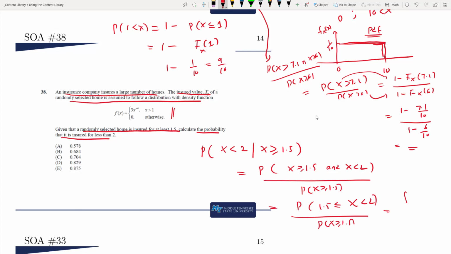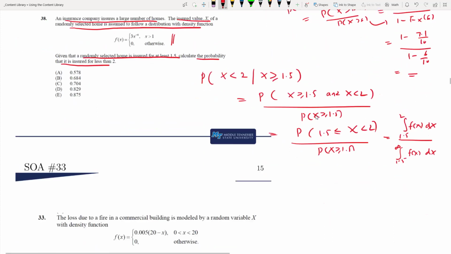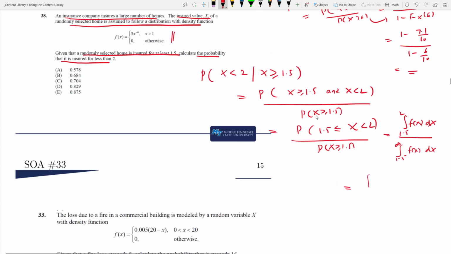And we know how to get the probability. You integrate between 1.5 to 2 f of x. For x more than 1.5, you integrate from 1.5 to infinity, because if x is more than 1, it can go all the way to infinity. And so now it is basically an integral problem. You are integrating 3 times x to the power negative 4 from 1.5 to infinity, divided by the integral from 1.5 to infinity of 3 times x to the power negative 4.